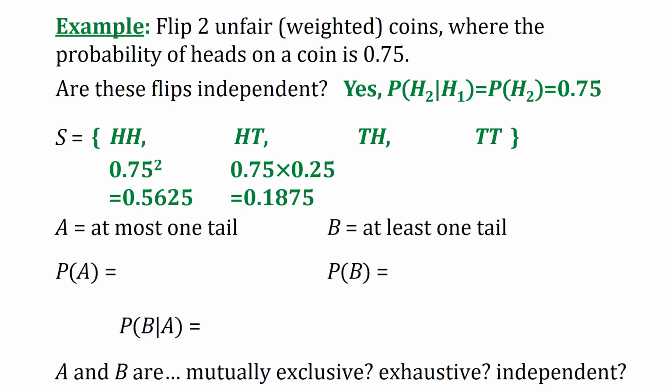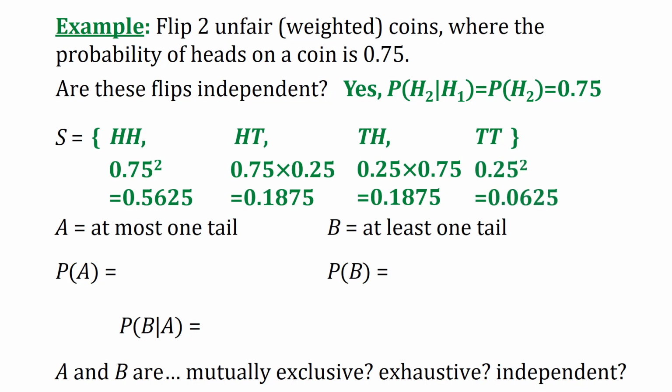By the same logic, tails and then heads, I switch the order of multiplication, but of course it doesn't make a difference. We get the same probability for that outcome. And for the last one, 2 tails, that's just going to be 0.25 times 0.25. If you want to double check these, what should those 4 probabilities add up to? 1, and you'll see that they do.